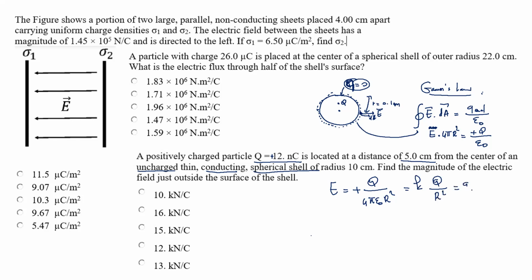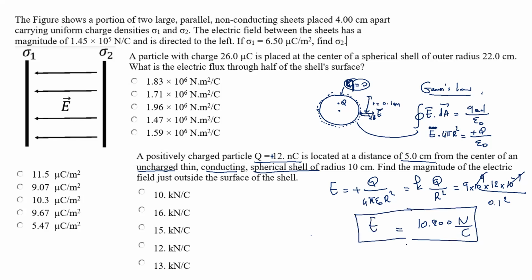Let me put the numbers: 9 times 10 to the power 9, Q is equal to 12 nanocoulomb, so 10 to the power minus 9, and I divide by the radius square, which is 0.1 square. If you do this, how much do you get? I will get something like 10,800 Newton per Coulomb.